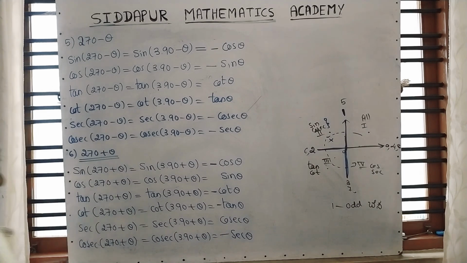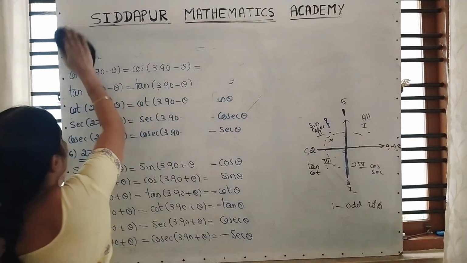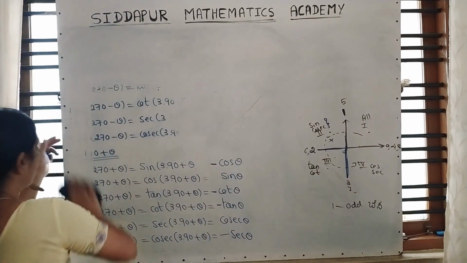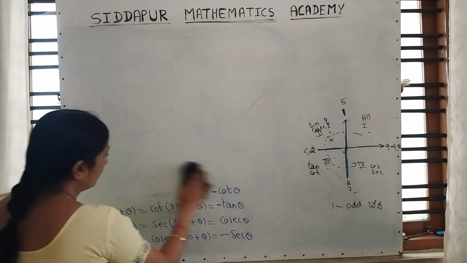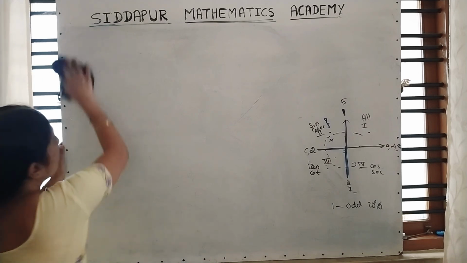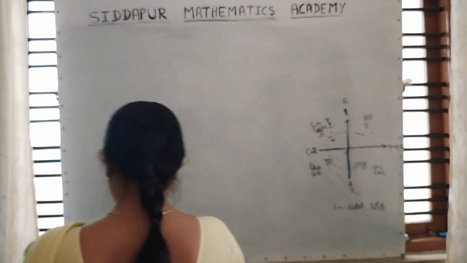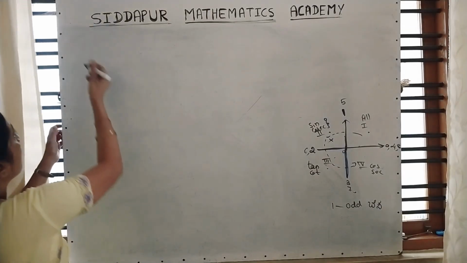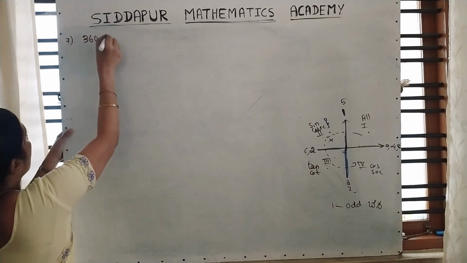Understood? Now I am explaining 360 minus theta and 360 plus theta. If you are familiar with this, it is enough. It helps you to solve the examples. Next, seventh one, 360 minus theta.